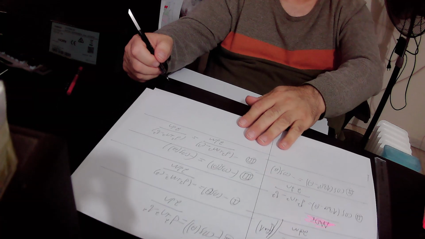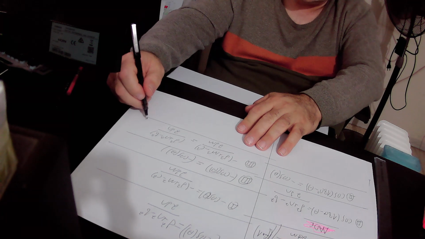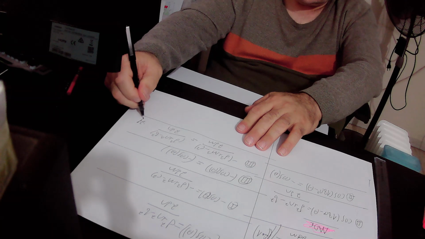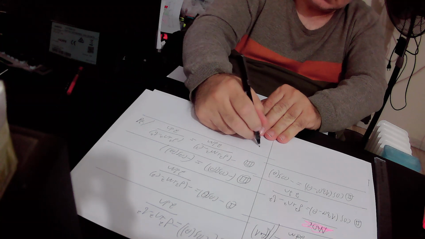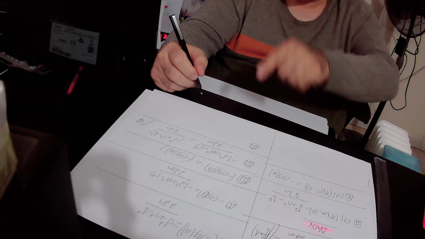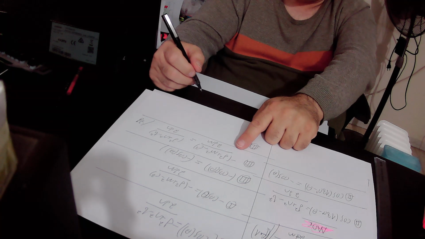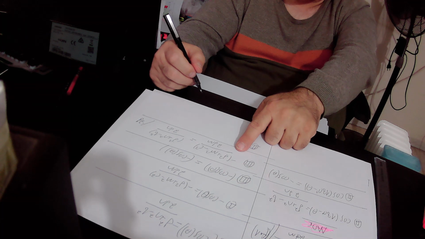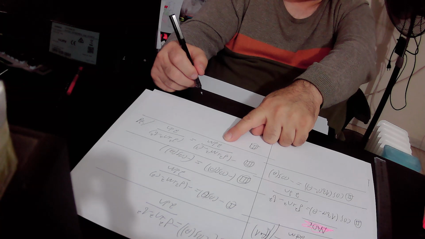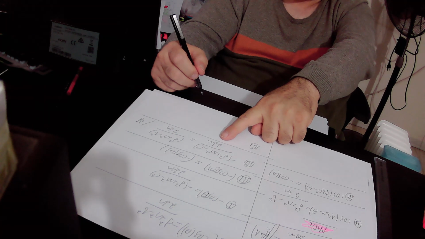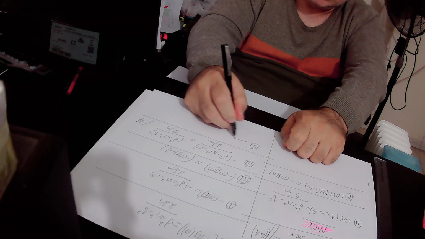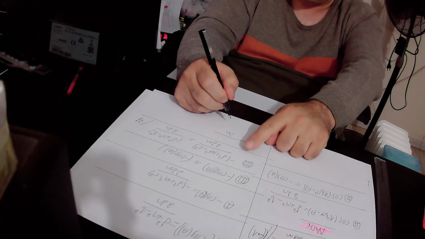In the next step we will multiply this equation number 3 by 2D. On this side of equation number 3 we have 2D over 2D is 1, so 2D will get cancelled, and in the denominator we are left only with M. The numerator didn't change.